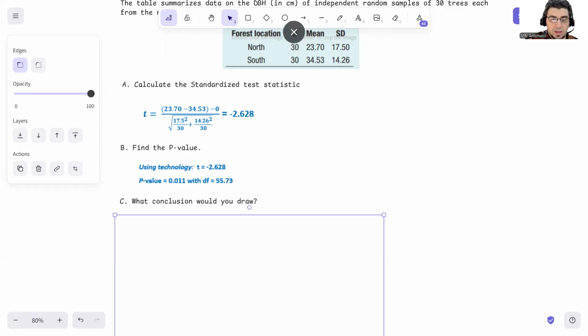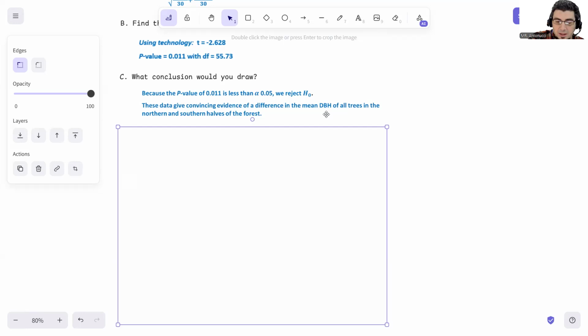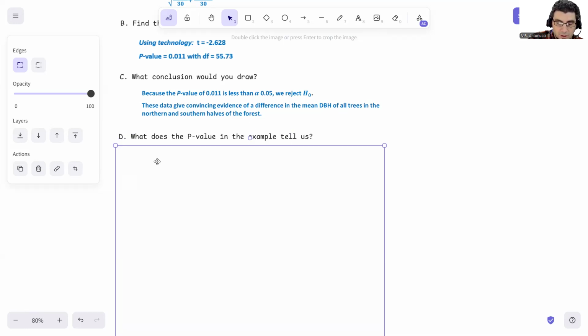So with that, we can actually make our conclusion. Because the p-value of 0.011 is less than our significance level of 0.05, we reject the null. What this means is that the data do give us convincing evidence of a difference in the mean DBH of all trees in the northern and southern halves of the forest.